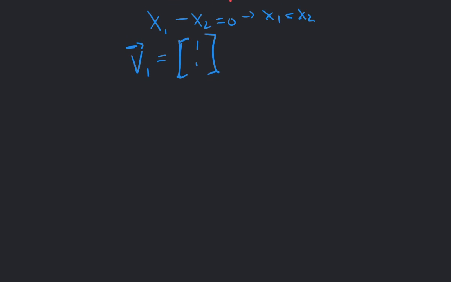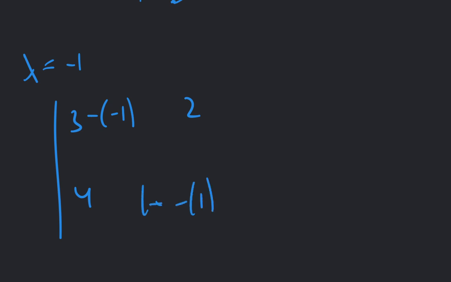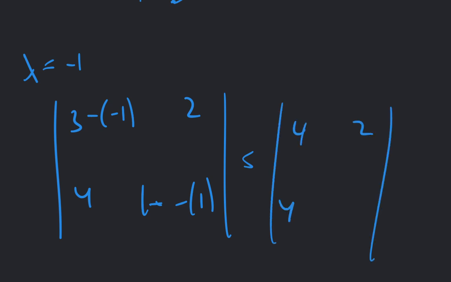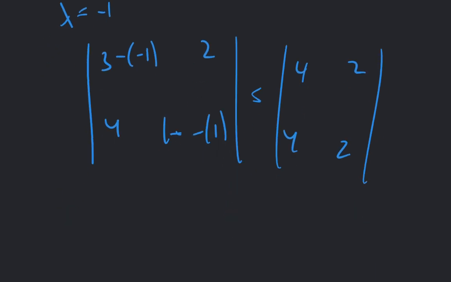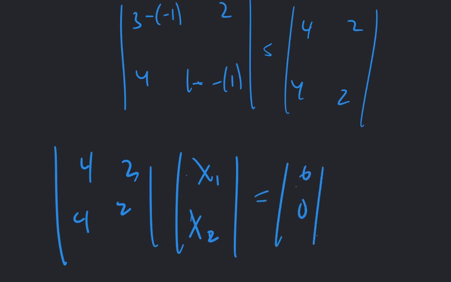Now, moving on to lambda is equal to negative 1, we have 3 minus 1, 2, 4, 1 minus 1. This comes out to 2, 2, 4, 4. So we have 2, 2, 4, 4 acting on x1, x2, and that's equal to 0, 0.